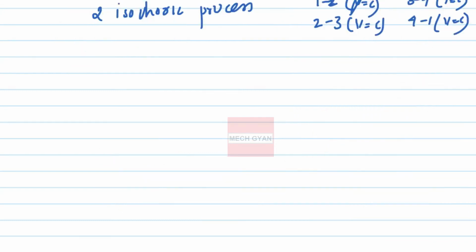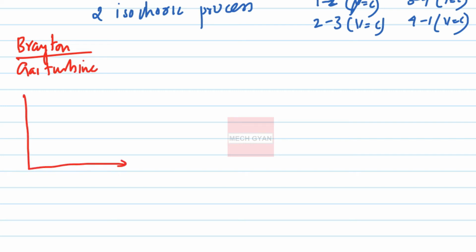Now let's see the Brayton cycle. The Brayton cycle is the ideal cycle for a gas turbine engine. Quickly, let's draw the TS diagram.